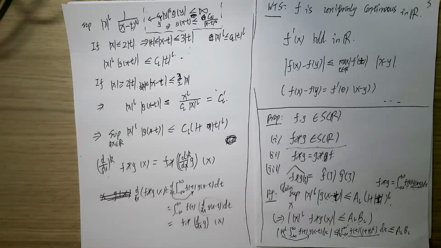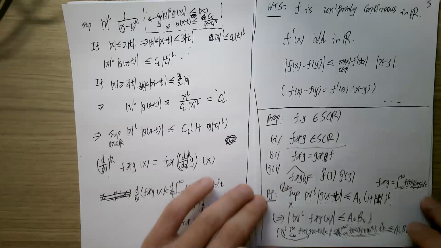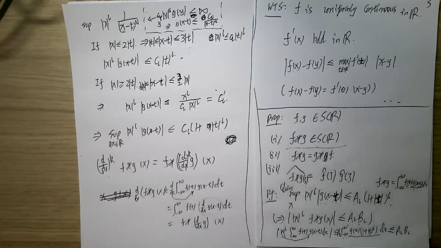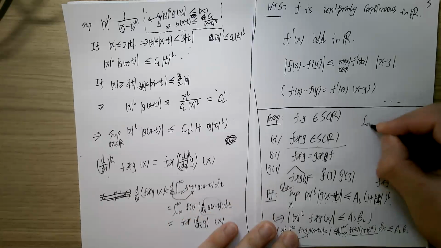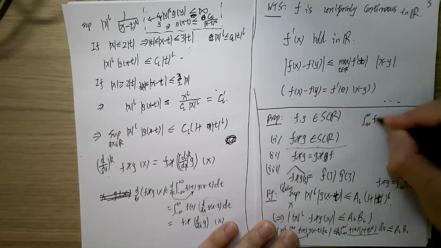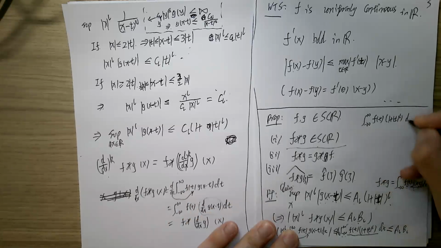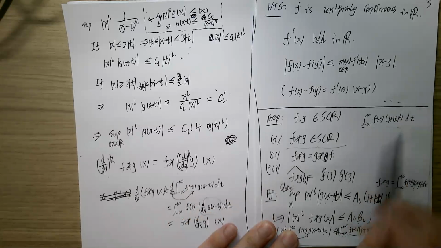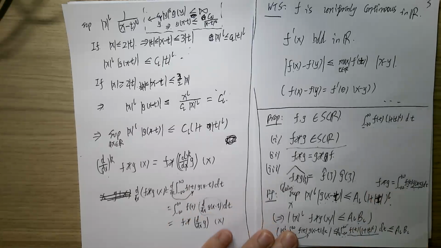Okay? I'm still a little confused why we can get BL bounded. Well, you can see the integral from minus infinity to infinity of ft times 1 plus t to the power L dt. We are looking at this integration, right?